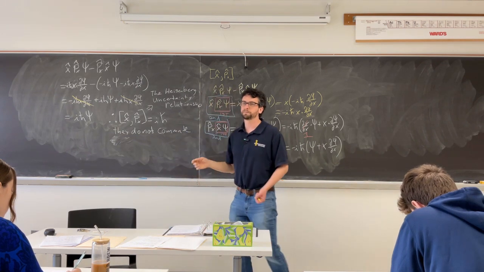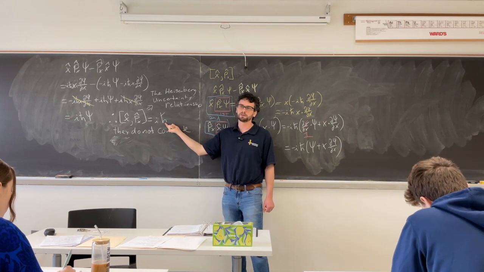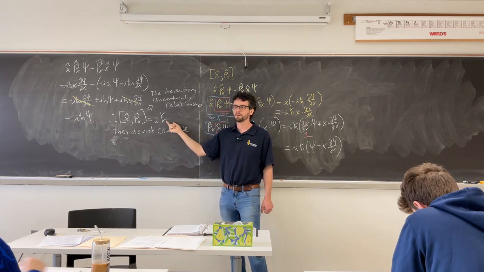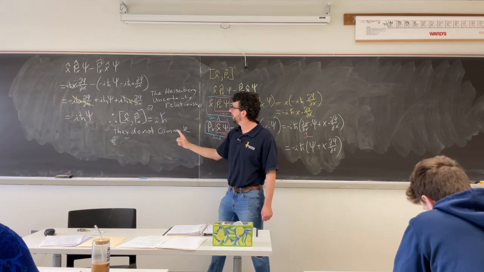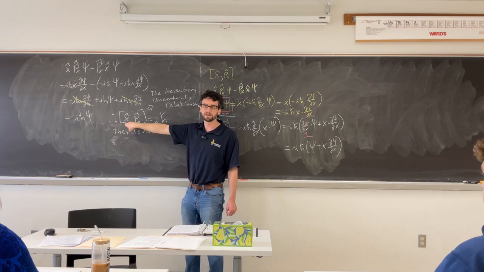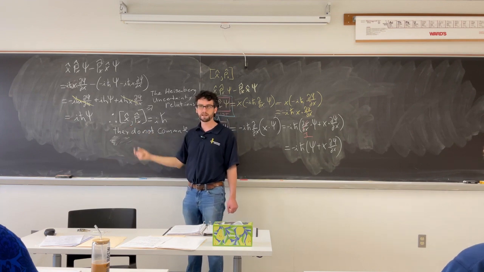Okay. So what does this actually mean? If I want to know the position of my particle traveling in the x direction, and I want to know its momentum, how fast it's traveling, what does that mean?